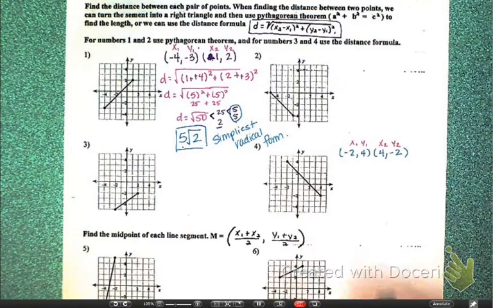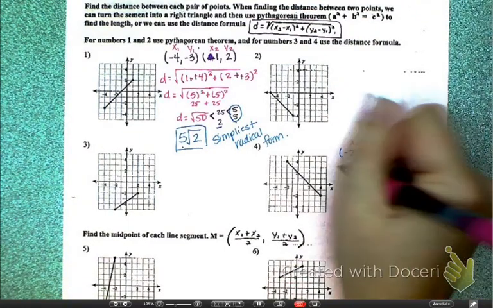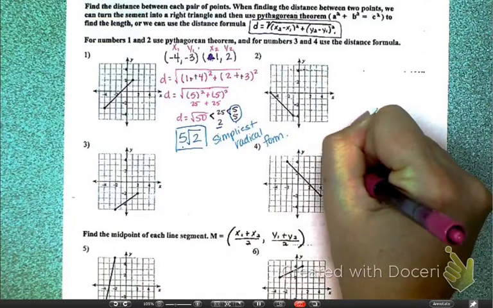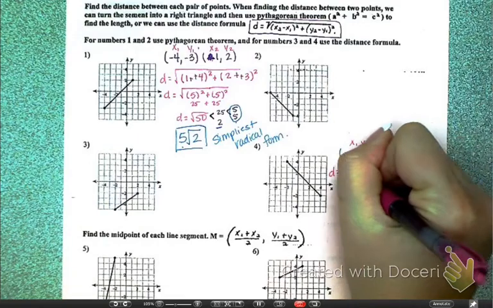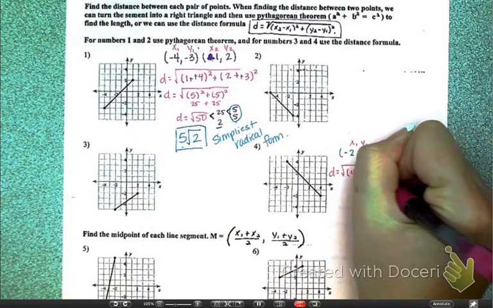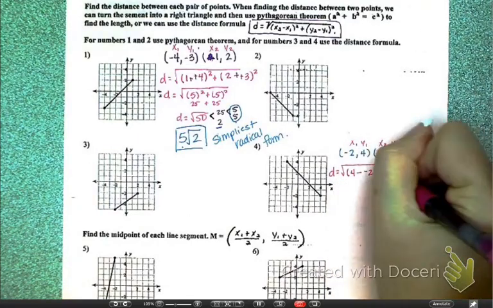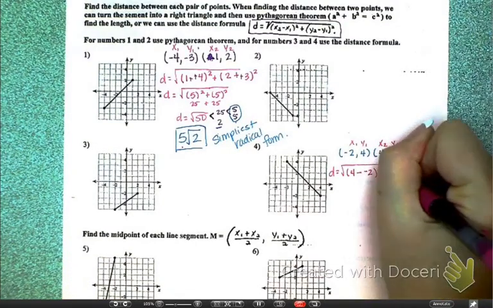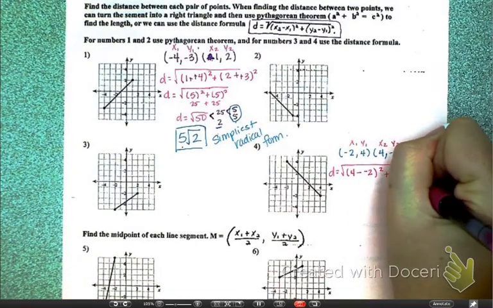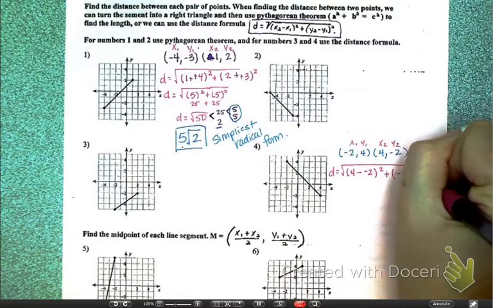And we're going to plug it into the distance formula. So the distance formula says x2, which is 4, minus x1, which is -2, squared, plus y2 minus y1 squared.